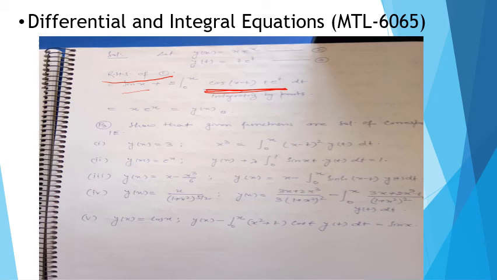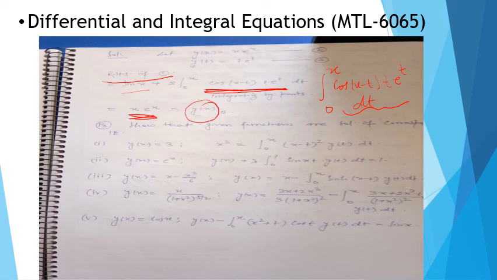Integrating this term by parts, the integral of cos(x minus t) t e to the power t dt from 0 to x, and adding sin x, we find this as x e to the power x. What is this?